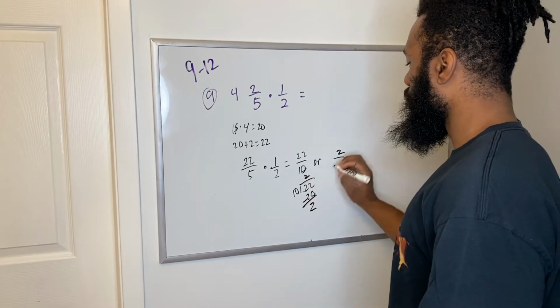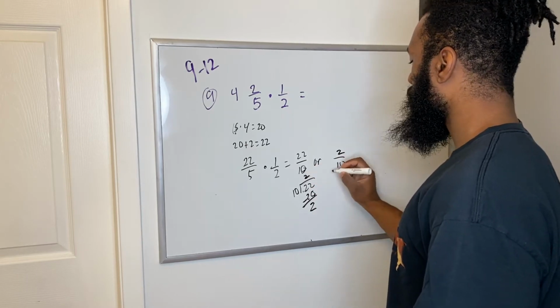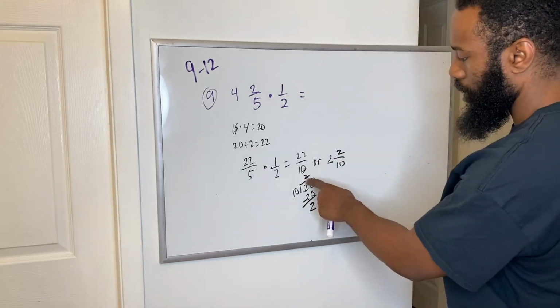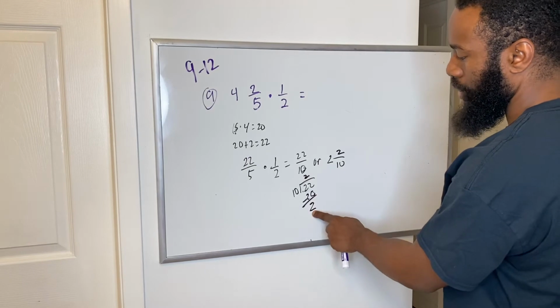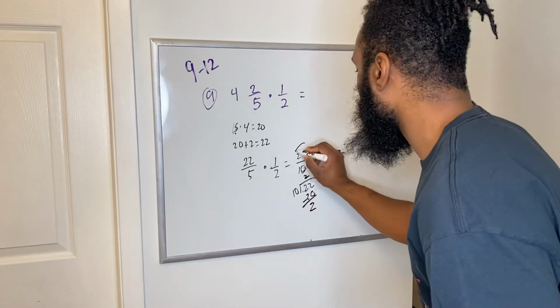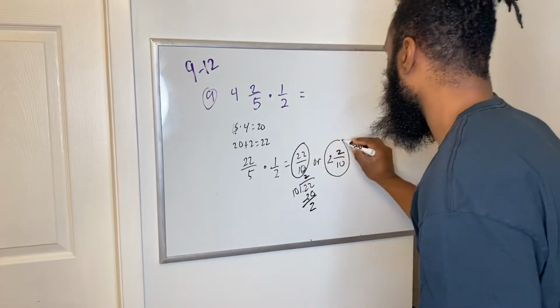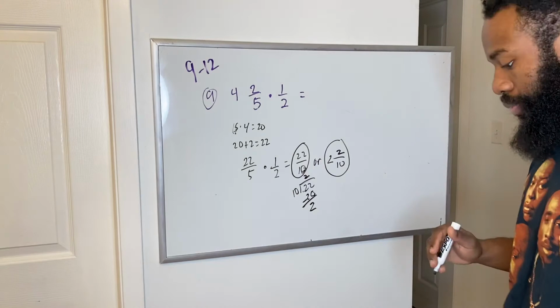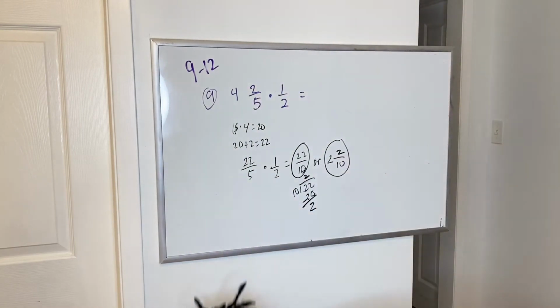That 2 goes up here, that 10 stays, and the whole number goes here. So the whole number went here, the remainder went here, and the denominator stayed the same. So it can either be 22 over 10 or 2 and 2/10. Either one is acceptable. Now division.